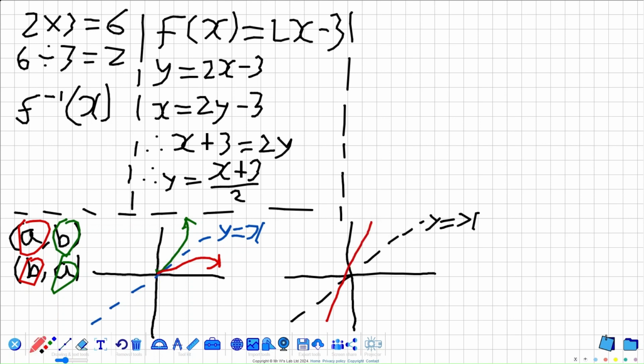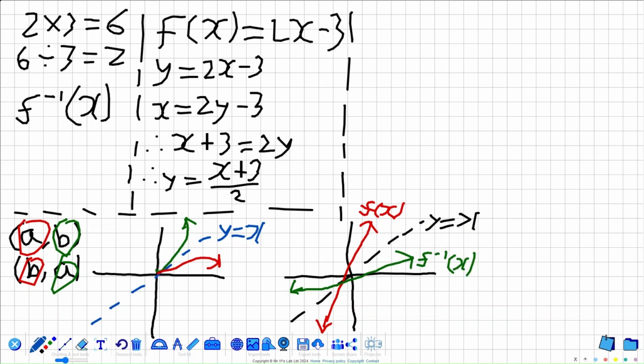I'll draw some arrows onto that and label it f of x. Then the inverse will be a reflection along that y equals x line, and that'll look something like this. Excuse my crappy drawing. Then we can label that f inverse x, like that.